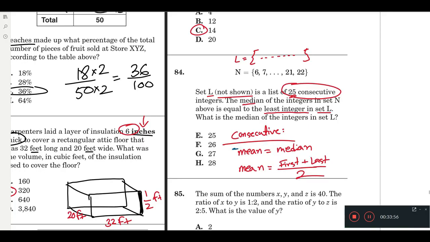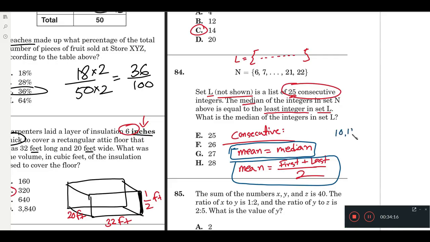Now pay attention. So mean is equal to median, right? It's just in cases when they're consecutive. Now how do you find the mean? You add the first number and the last number and divide by 2. Let me make up an example of my own.